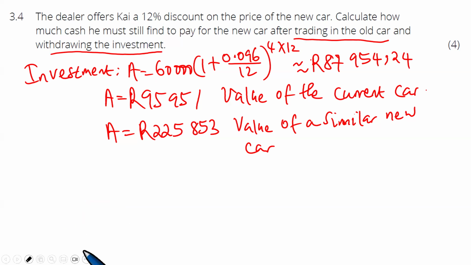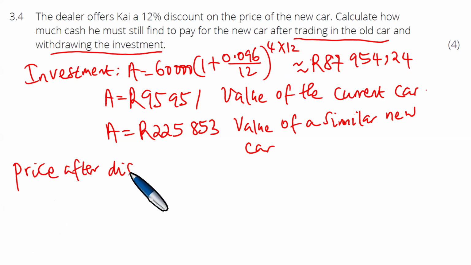Since the car is going to be discounted, you need to filter that in, because the dealer offers a 12% discount on the price of the new car. So now there'll be a price after the discount. You can write here: price after discount.